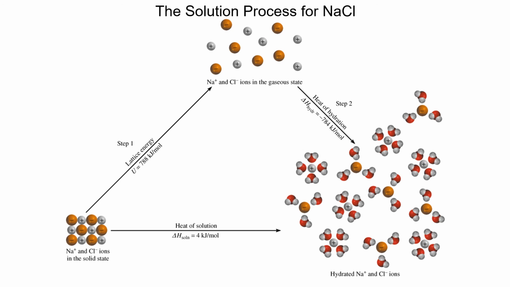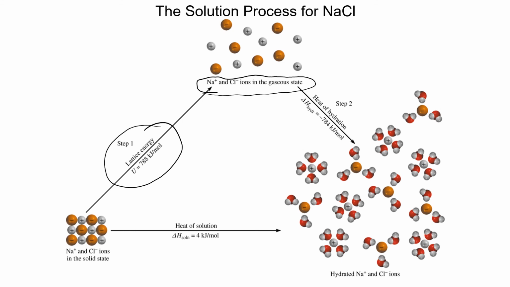where step 1, the sodium ions and the chloride ions in the solid state are converted to gaseous ions. And the energy associated with that is called lattice energy.